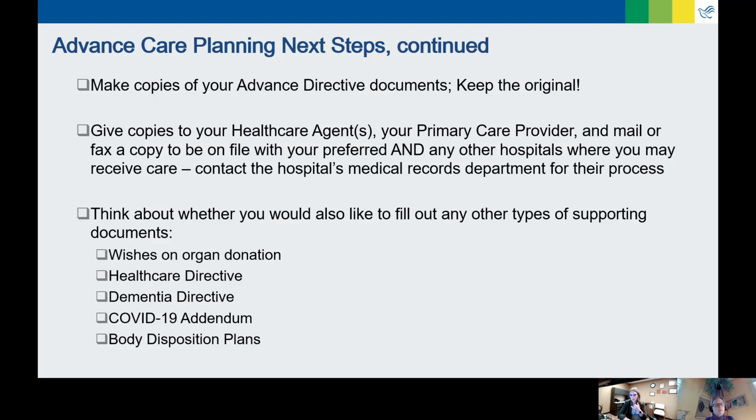Do you have any information? Do you have an advance directive or POLST document on file in their chart?" The hospital would be able to say, "Yes, actually, we do," and get that sent over, and it could then still be used to guide care.